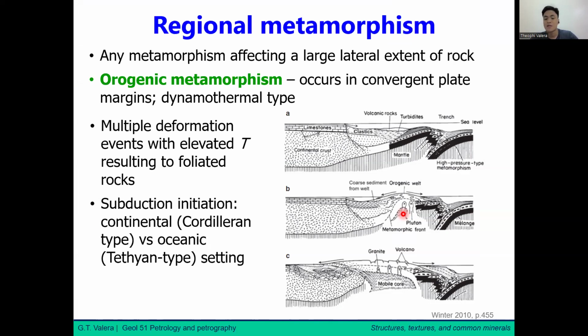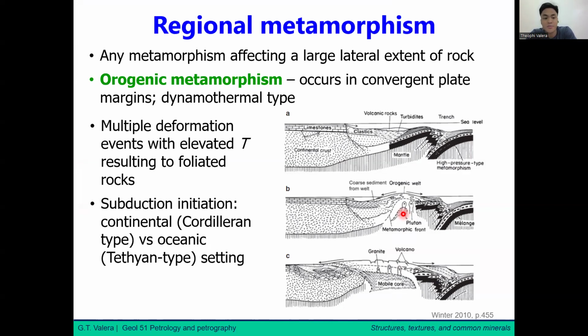So I hope you don't get confused. In textbooks, basically, when you look, when they say regional metamorphism, it just talks about the area. Okay? Sometimes, unfortunately, it's interchanged with orogenic metamorphism, which is, of course, of regional scale. Okay? So, it's just a subtype. Okay. Anyway, orogenic metamorphism occurs in convergent plate margins.